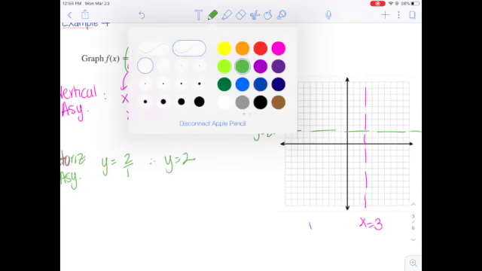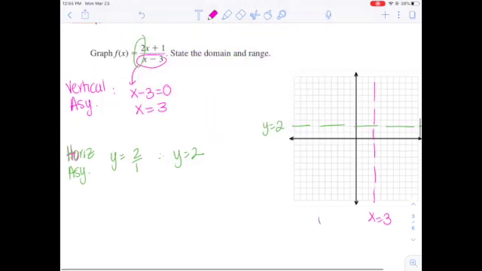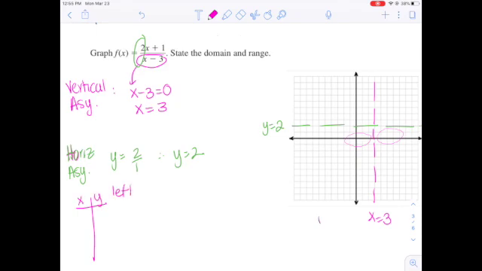So my suggestion is take a look at your vertical asymptote. It's shifted over to the right 3. Now, we know all the excitement happens around that vertical asymptote for your branches. So I'm going to pick x values to the left of my vertical asymptote, and then I'm going to pick x values to the right of my vertical asymptote.